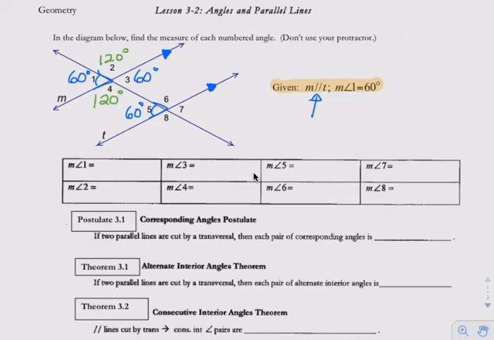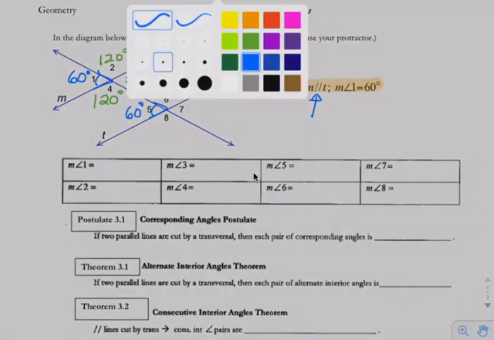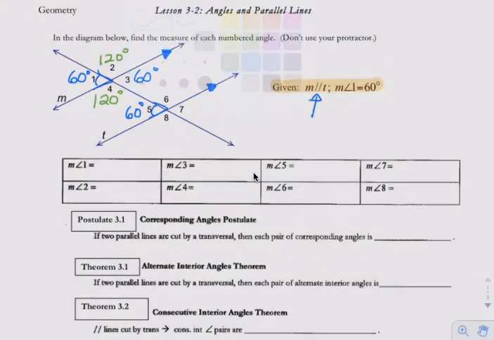Okay, so back to the diagram here. So if we have angle 5 is 60, that's going to force the vertical angle here to be 60. And notice that 3 and 7 are corresponding and they're going to be congruent. And then we can use our linear pairs to work around, or we can use that 2 and 6 are corresponding and 4 and 8 are corresponding, so the corresponding angles will have to be congruent.